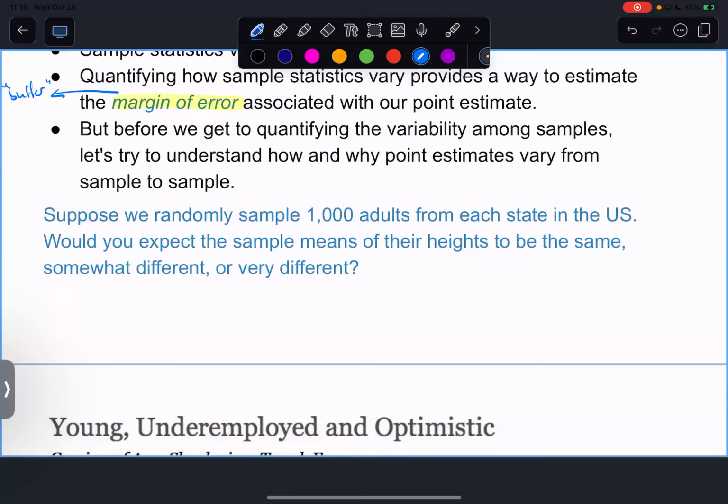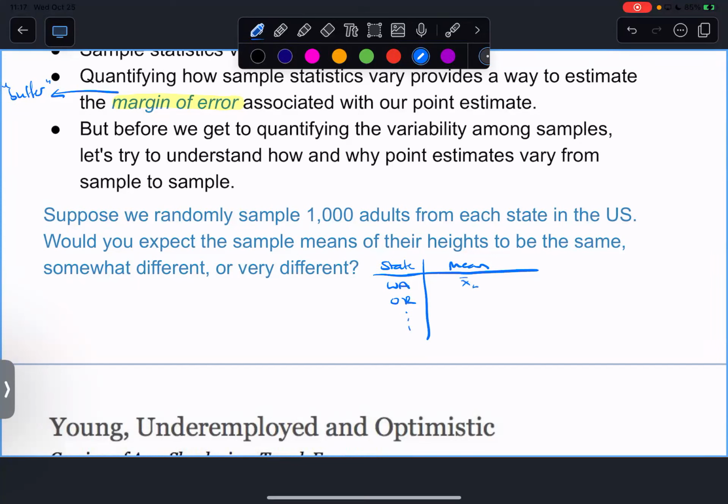In terms of your spreadsheet, you might have something that looks like this, the mean and the state. Washington, Oregon, and I guess I could have done California. Let's say there's some mean height here.